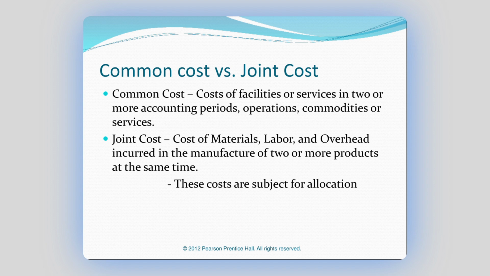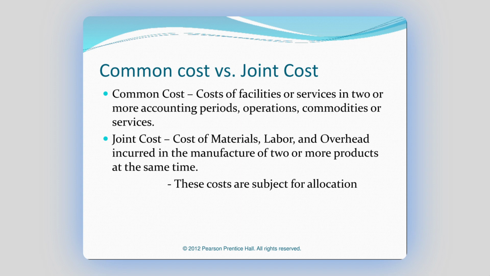How about joint costs? Cost of materials, labor, and overhead incurred in the manufacture of two or more products at the same time. Pag joint cost natin, pag tayo ay may product, especially about yung beef, no? Yung ating kalabaw, di ba? Pag yan ay kinatay, magiging na siyang separable cost, di ba?